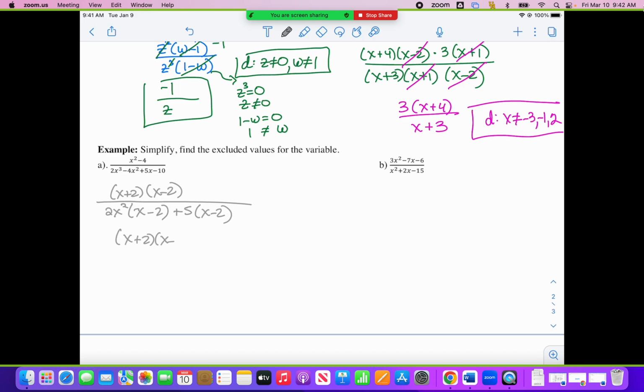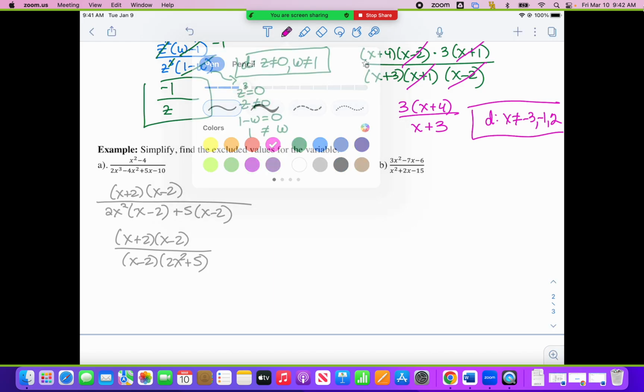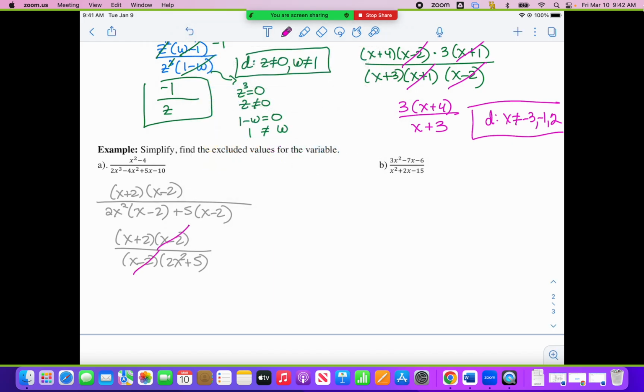Those are terms. So now I factor out the x minus 2, 2x squared plus 5. Now is where I can cancel. And I'll have x plus 2 over x minus 2. You cannot cancel the x's or the 2's. That's not negative 1. My domain is only x can't be 2 because this gives me imaginary, and I'm looking for the domain over the real numbers.